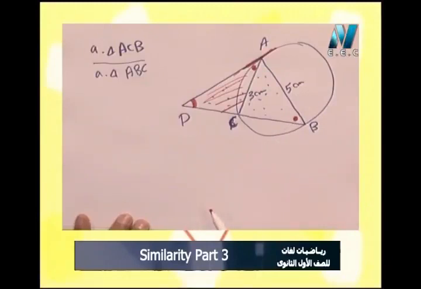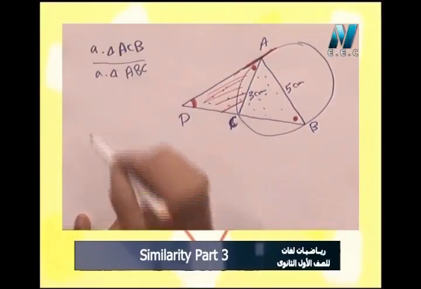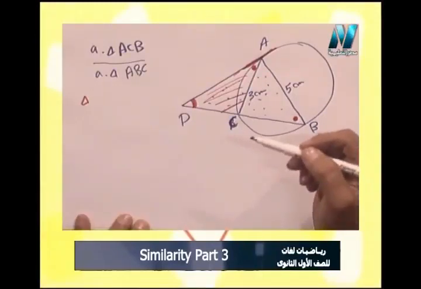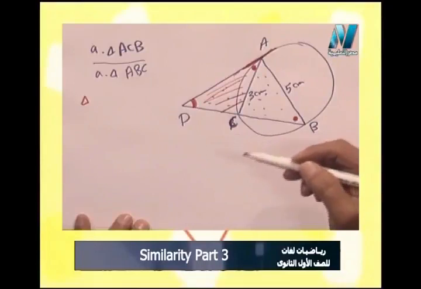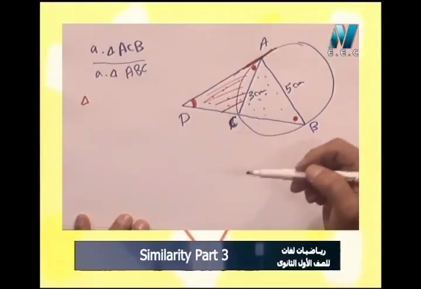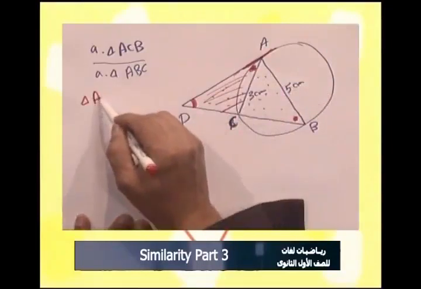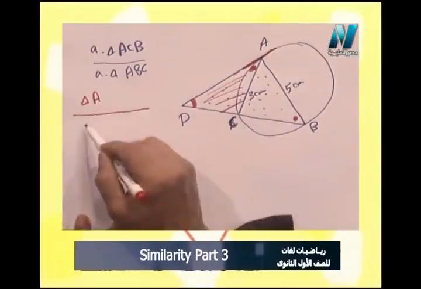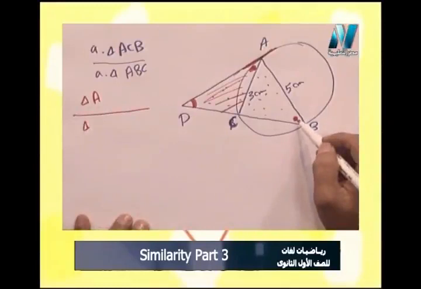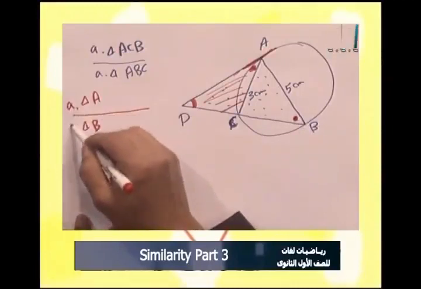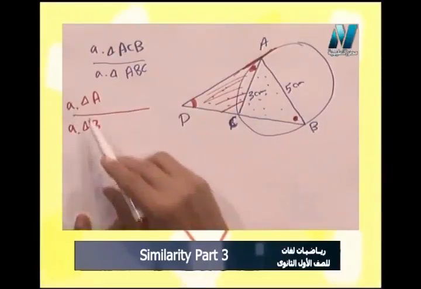So we can easily deduce that triangle, we try to write it correspondingly. We start with this dot A, and we will start the other triangle with this dot also, which is B, and this is the area of triangle A, what?